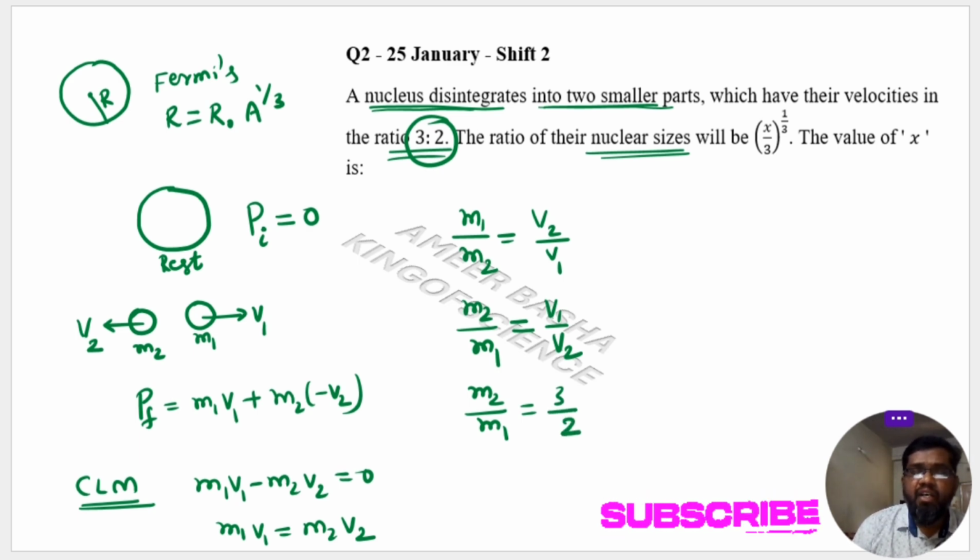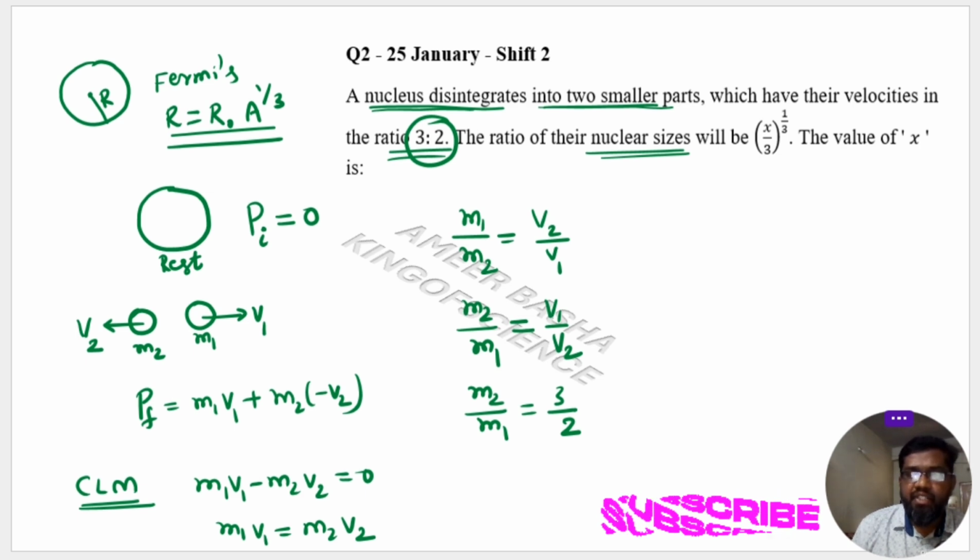So now I need to talk about the radius. Once I know the mass of the nucleus, I can relate it with the radius here. So mass can be written as density into volume. Volume is 4 by 3 pi r cube.